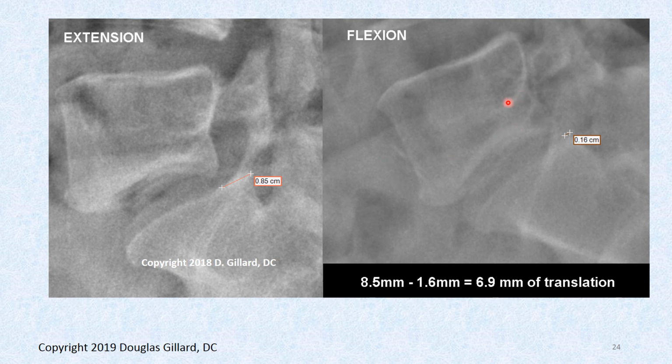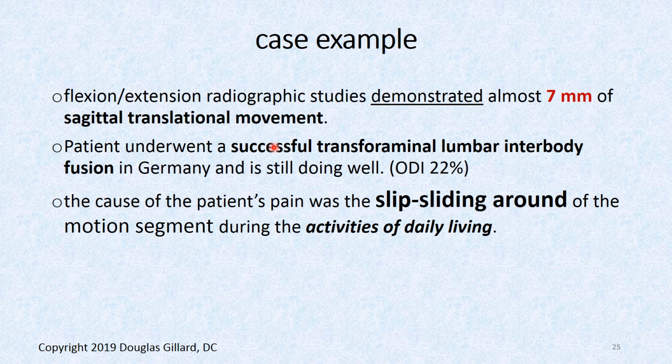She's slipping and sliding around and jamming her nerve roots. That's why she had the sciatica. Facet joints are irritated. The fracture in the pars is irritated because she's slipping and sliding around when she's doing the normal activities of daily living. So, source of chronic pain. So yeah, she had 7 millimeters of sagittal translational movement. She underwent a successful TLIF procedure, and she didn't get perfect, but she did really good for such a surgery, 22%.